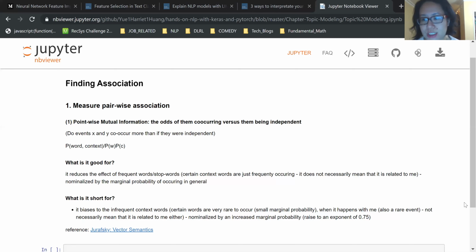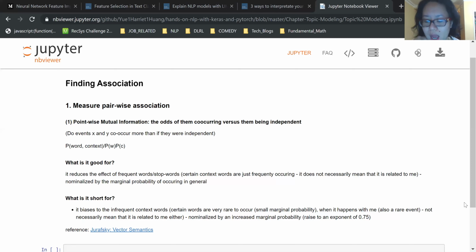So you should raise the marginal probability of the context words to the exponent of 0.75. So when you do the number counts of the marginal probability, then you should raise that count to an exponent of 0.75.